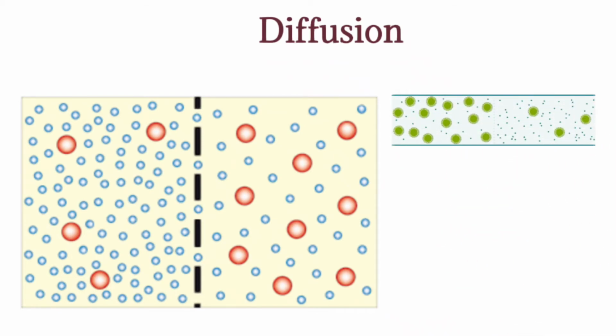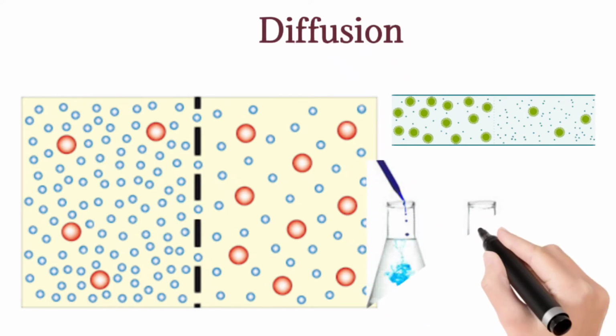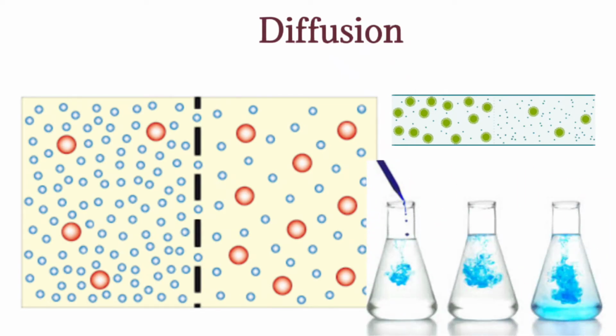So molecules can easily move from the left to the right side. Same here, the ink drop has a higher concentration as compared to the water molecules. Therefore the water color will change into blue. This is a form of diffusion.